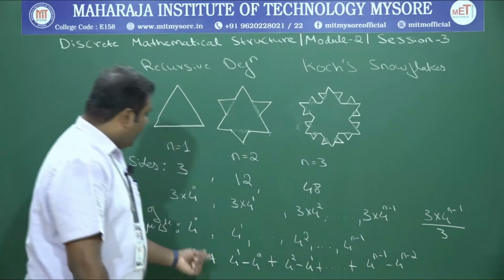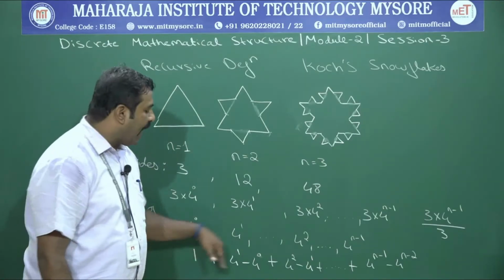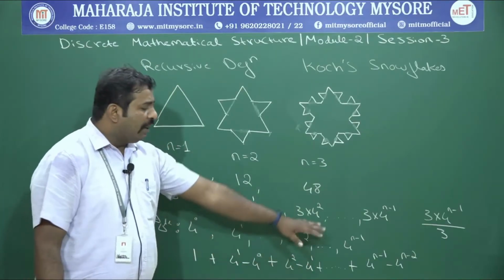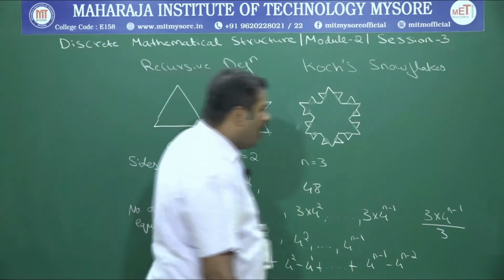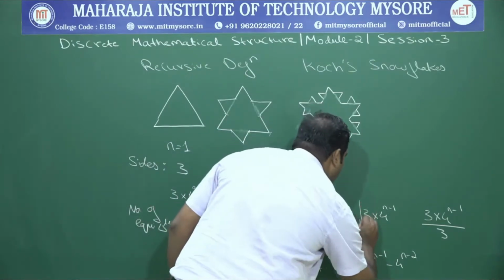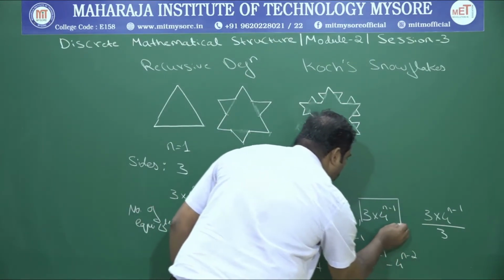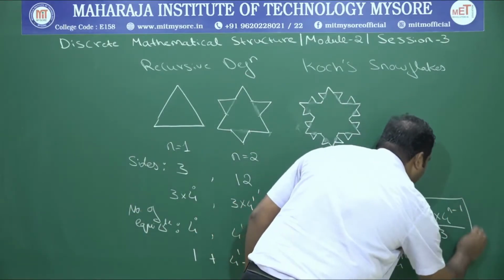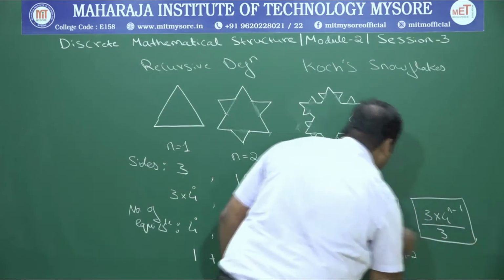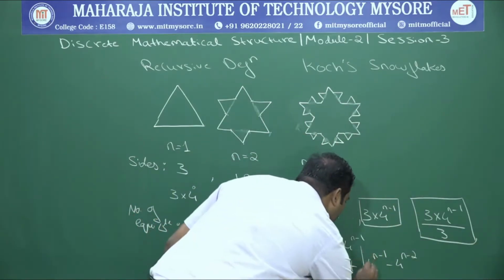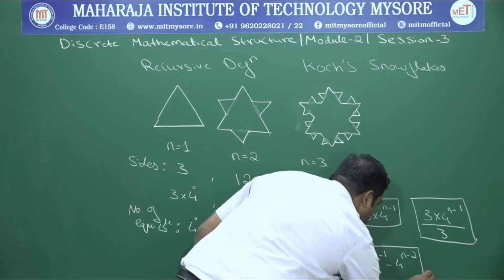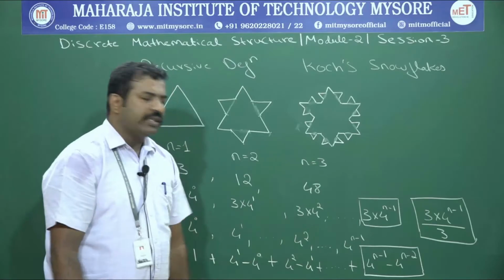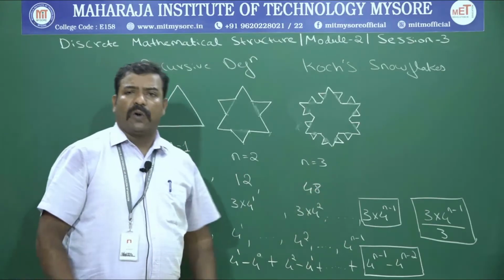Now just observe here, the previous iteration data has been carried to the current iteration. So this is how the recursion is going to be put in the form of an equation. And whatever form we are writing here, in general, whatever equation we are trying to derive to find the number of equilateral triangles, to find the number of segments, or to have the previous equilateral triangles, and if I want to tell the total equilateral triangles, this is the general form of equation I am going to put.